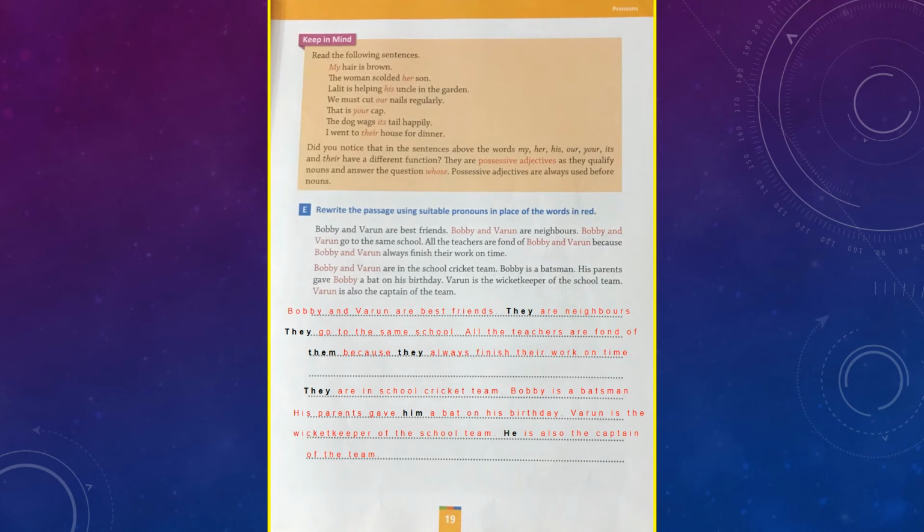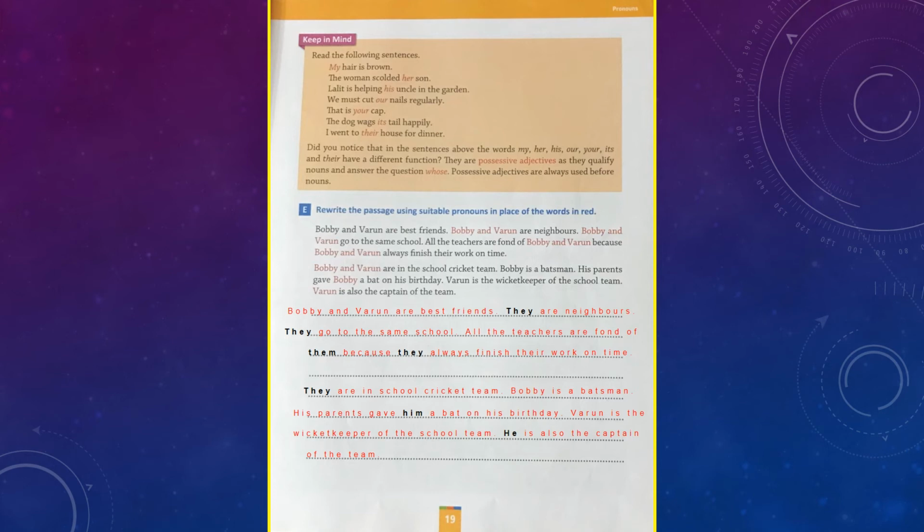Bobby is a batsman. His parents gave him a bat on his birthday. Varun is the wicketkeeper of the school team. He is also the captain of the team. So instead of these red highlighted words and repeating the names again and again, we have used the pronouns.